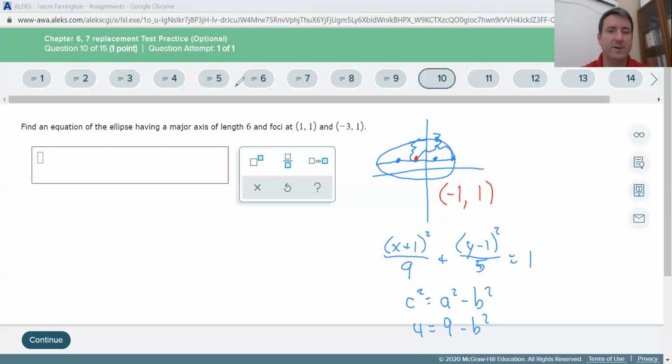And so we're going to come up here and we're going to enter, let's put a fraction in there. Oops.